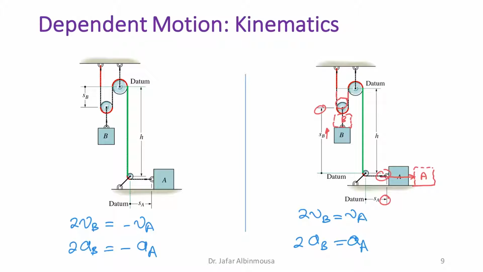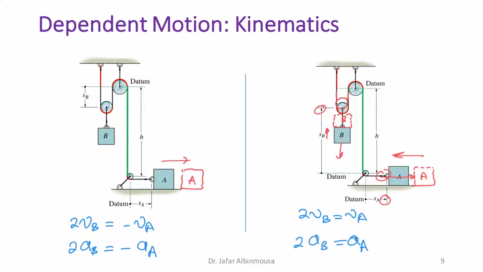The same goes with the acceleration. Now, again, I don't want to run the scenario just to save time, but if block A moves to the left, it's going to be negative, and block B will move downward, so also negative, because they are opposite to the positive direction of the datum. That's it. If you look at the left-hand side, if block A moves to the right, then it is positive.